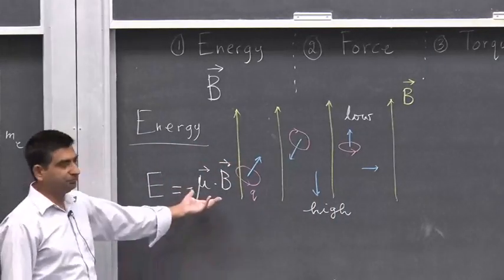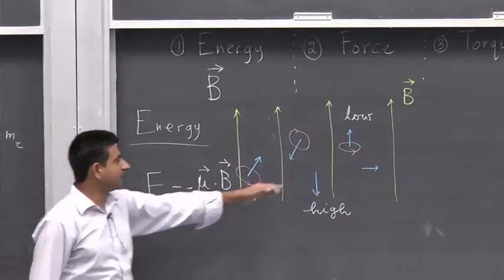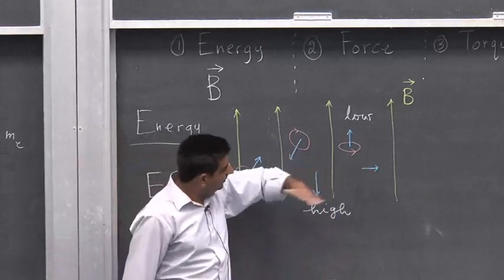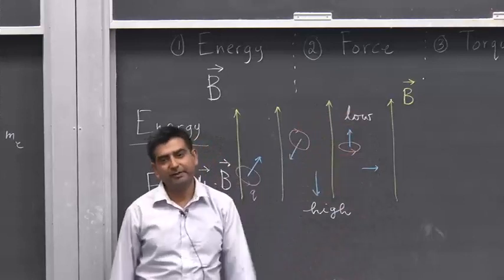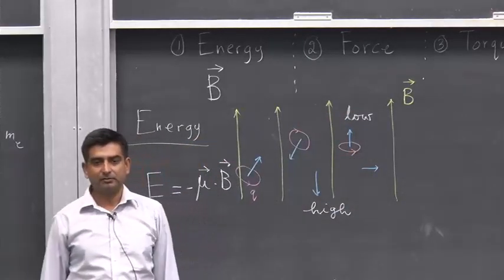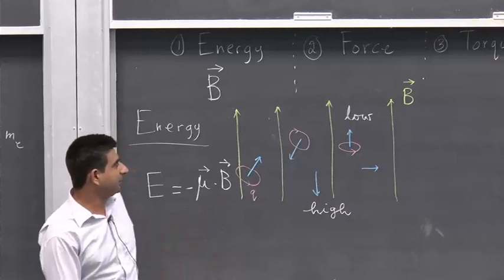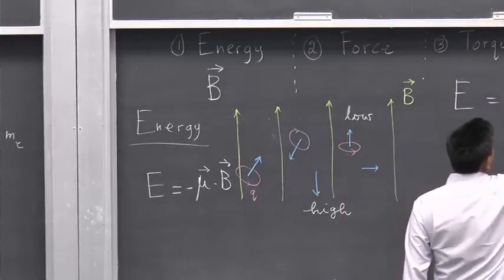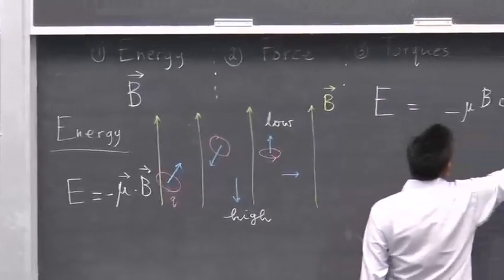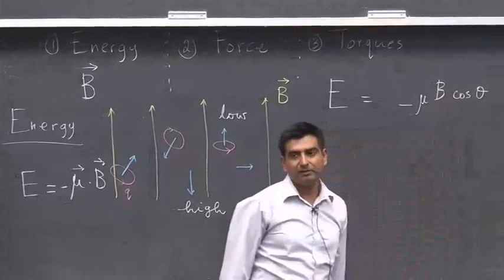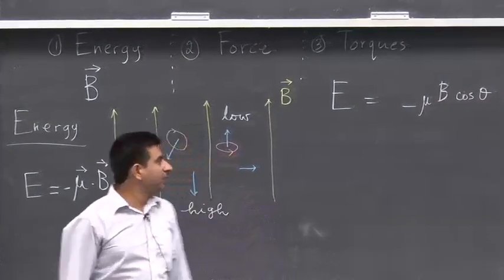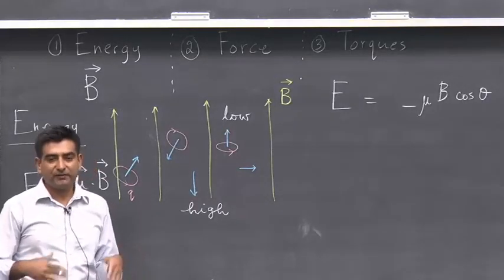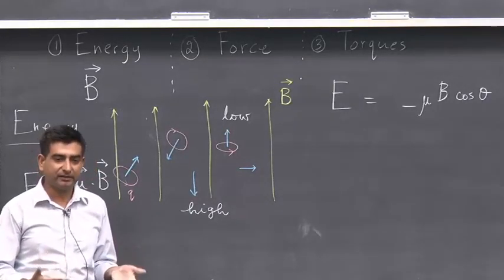Whenever they are parallel, energy is negative. When this is the case, the energy is maximum. And when you have the magnetic moment perpendicular to the field, the energy will be in between. The energy is given by minus mu dot B, so the energy is simply minus mu B cosine theta. So in order to minimize energy, you would like theta to be 0 degrees. So magnetic moments assume a low energy or ground state if they are parallel to an external magnetic field.